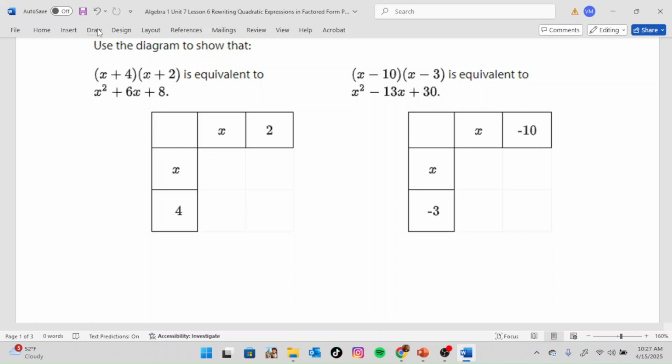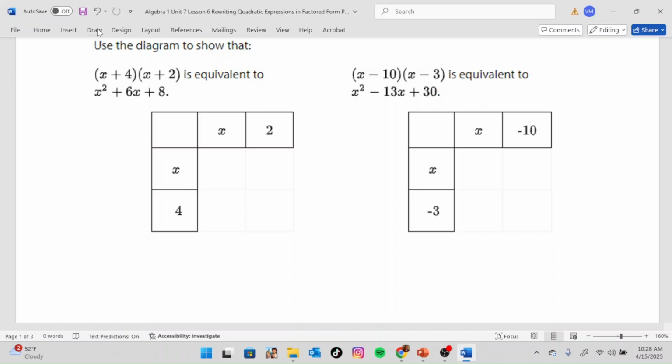And the method that they're using might look new, but it's really just the area model that we used back in Unit 6. Only instead of drawing the interior squares and then writing the factors on the outside, they've written the factors in squares and then left the interior kind of open.